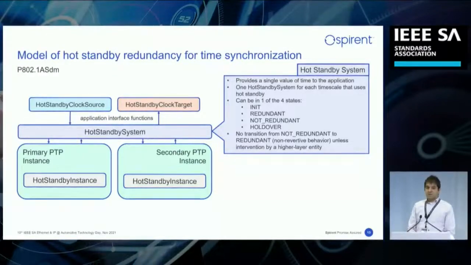That means if the system becomes non-redundant, even if the failure is repaired, so even if we have a link that goes down and then goes up again, the hot standby system will not go back to the redundant state unless there is intervention from a higher layer entity.